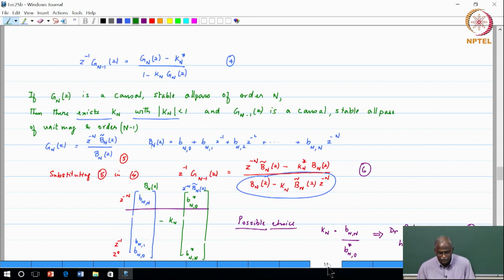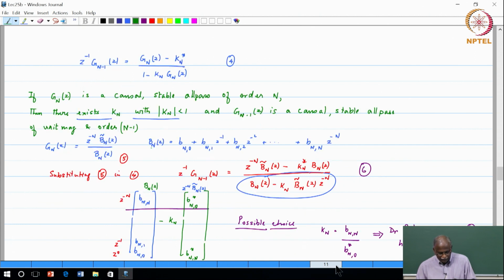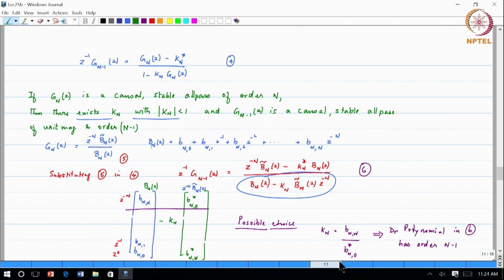So, let me go back to the previous structure. The structure is defined as follows. We have assumed that Gn of z is a causal stable all pass function, which means you can write it using the paraconjugation form. If you do that and choose your Kn appropriately, okay. So, we have not yet shown that mod Kn is less than 1.